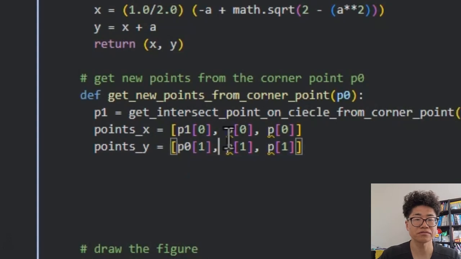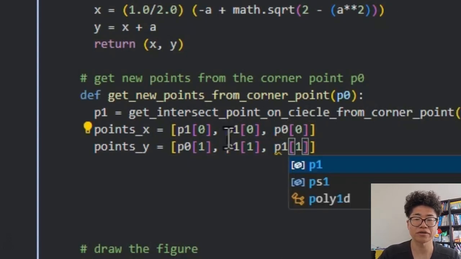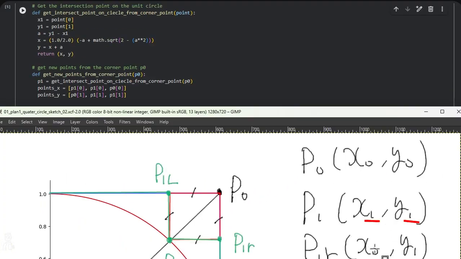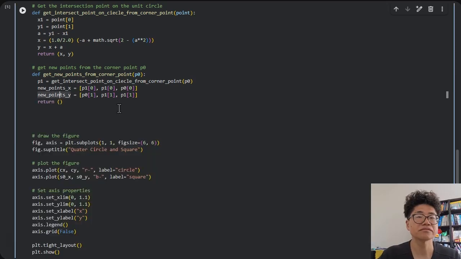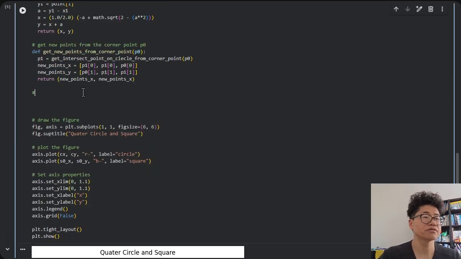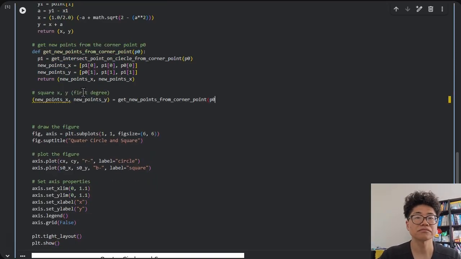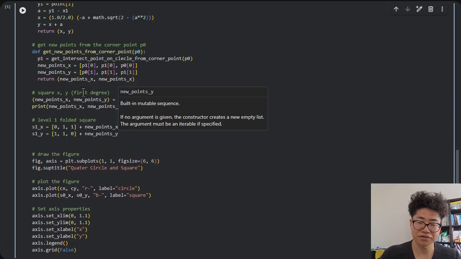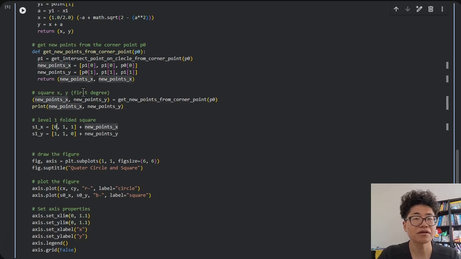Am I right? Okay, generate the points. Now we have all the coordinates. Interesting suggestion, but not right.